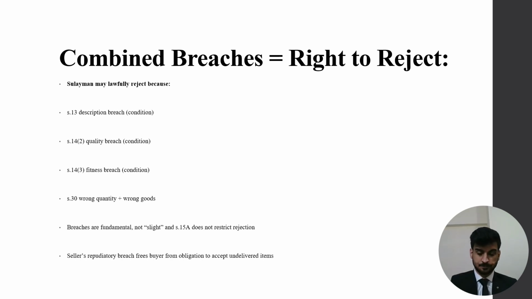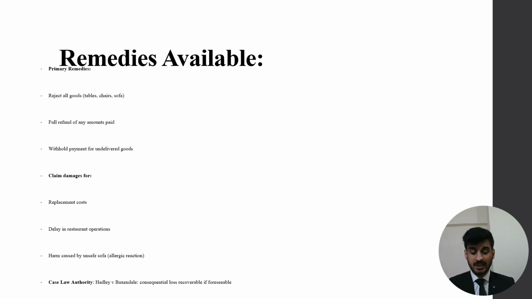As a result, Suleiman can reject the whole shipment, get his money back, and refuse to pay for anything that isn't there or doesn't meet his standards. He also has the right to seek damages for operating delays, replacement expenses, and injuries as a result of the breach, as determined by Hadley versus Baxendale.